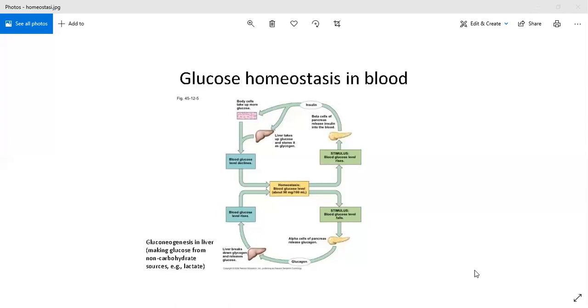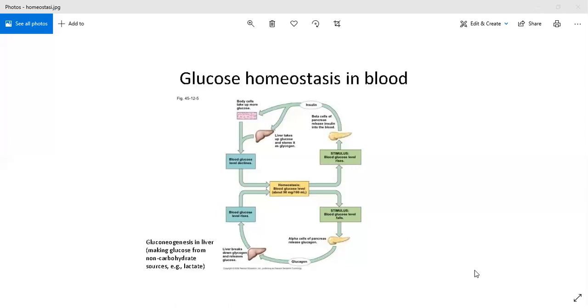In millimoles, it is between 3.3 and 5.5 millimoles. But in milligrams, it is 90 milligrams.